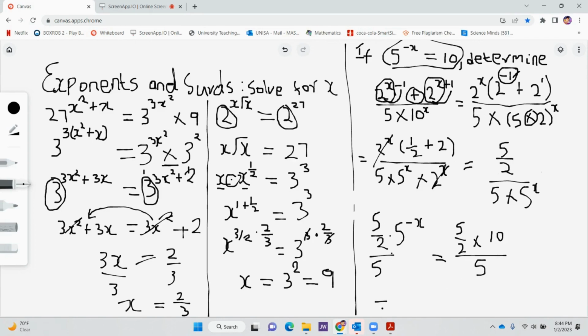All right. So all of this will be equals to, so we're going to have 10 divided by 2 is 5. 5 times 5 is 25. And then 25 divided by 5 will give us a 5. Or you can just put it in a calculator. So the answer here is a 5.